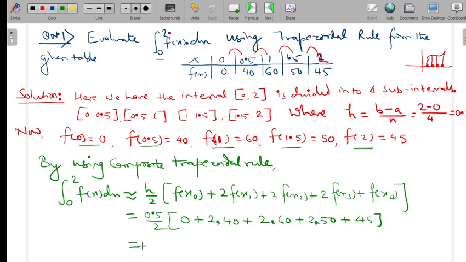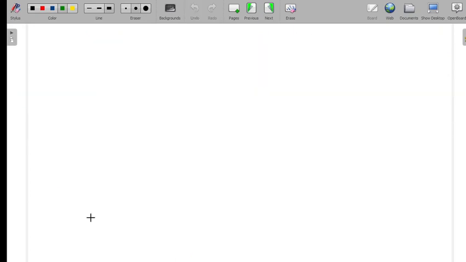From this calculation you will get 86.25, which is the area. This way we can solve or evaluate this question.